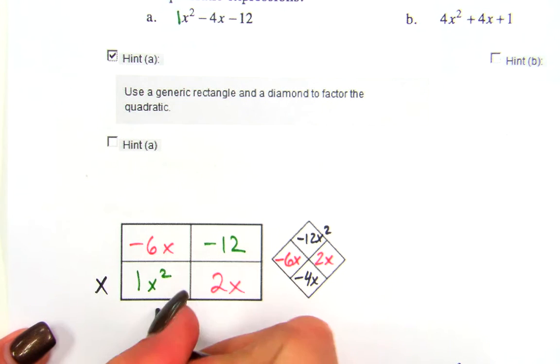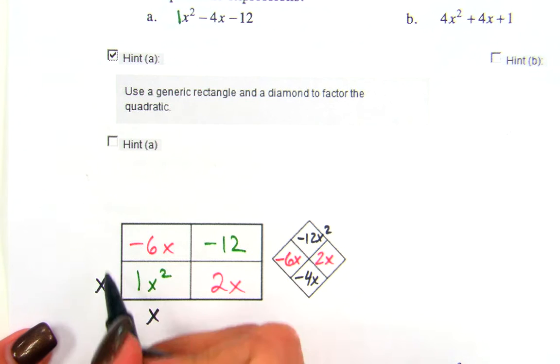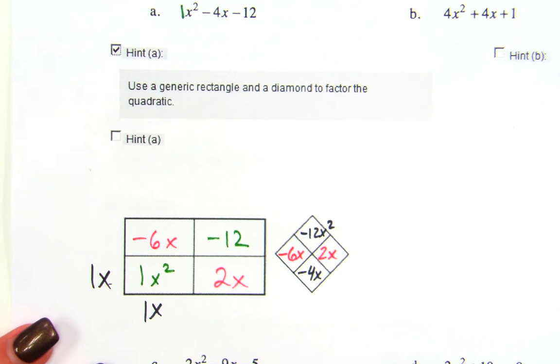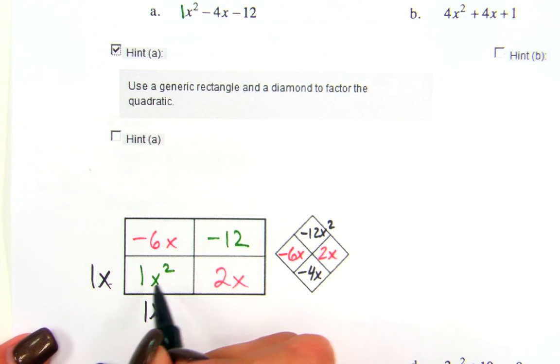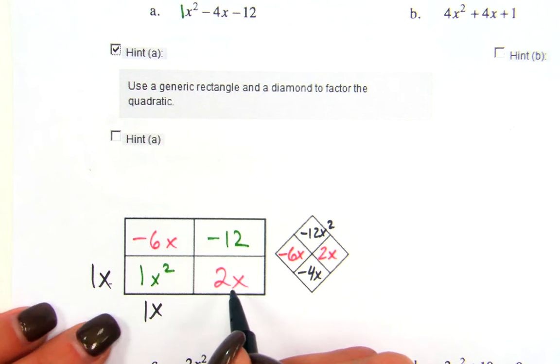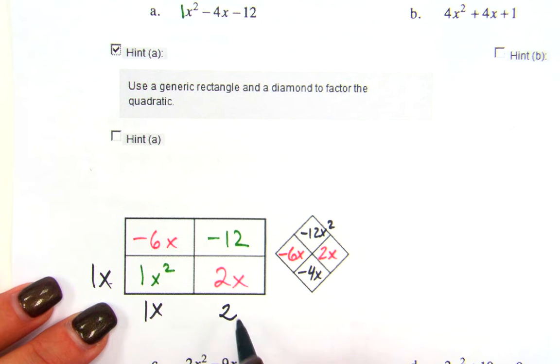So you have an x and an x, because you have to get an x squared. 1, so 1 and 1. I'm just putting the ones in. If you guys don't want to put them in, that's fine, but if you get them wrong, don't say I didn't tell you so. And then we want a 2x, so we pretty much have a 2 here.